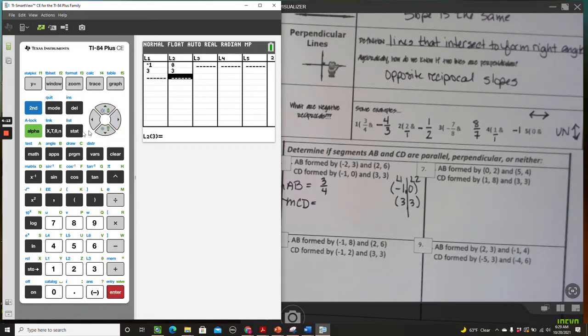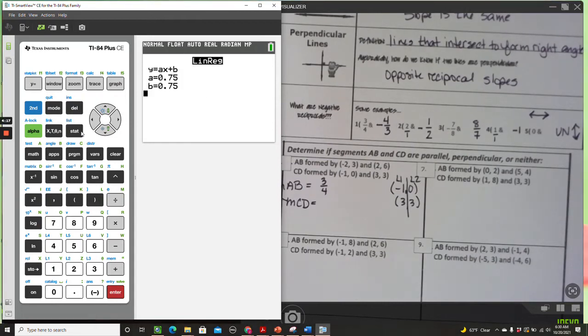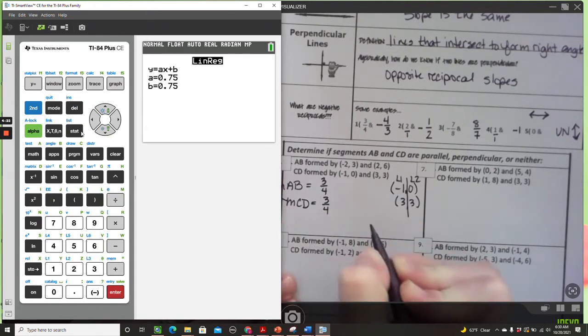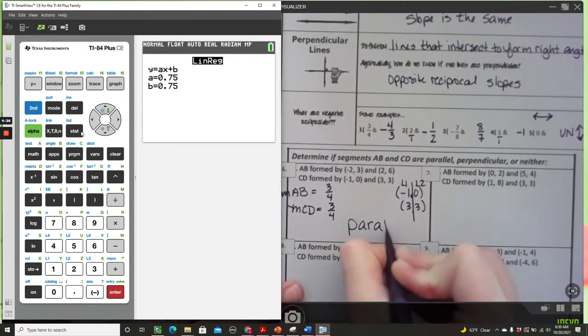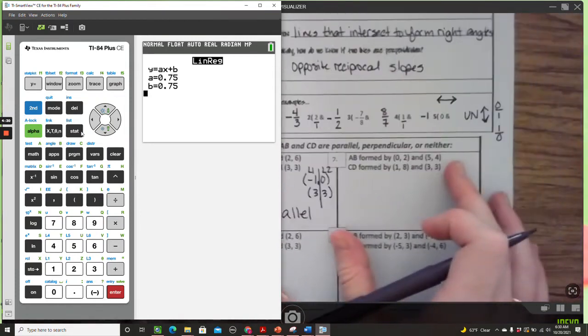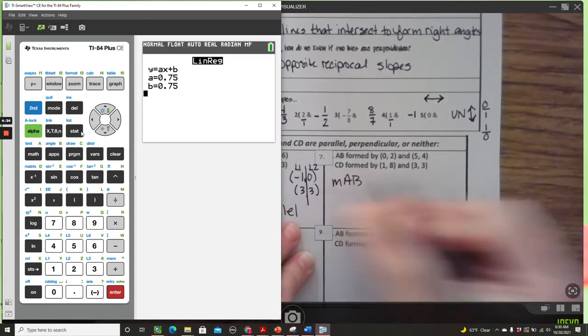My y's are 0 and 3. And my slope here is 0.75 again. It's 3/4. So when the slopes are the same, these are parallel lines.